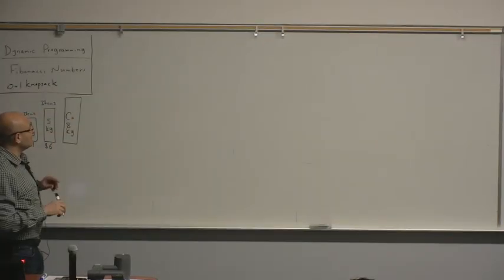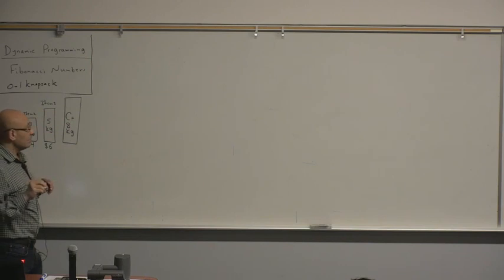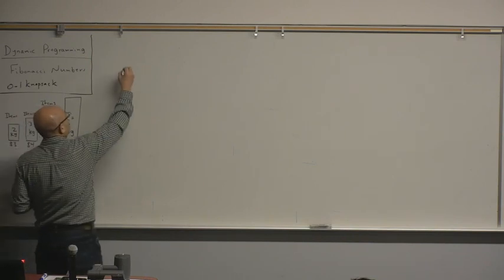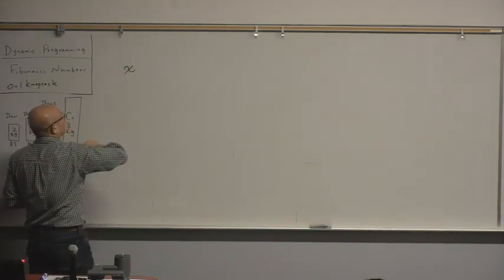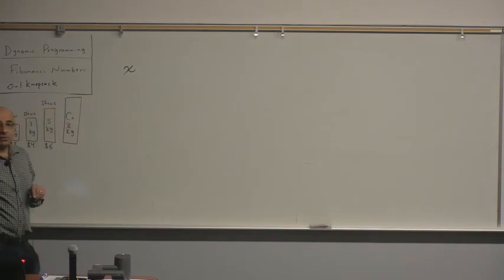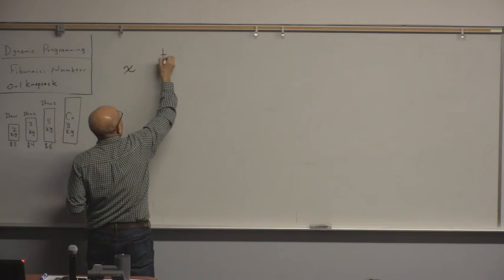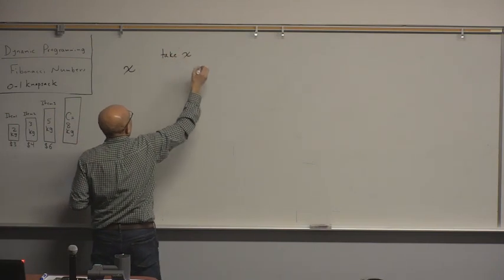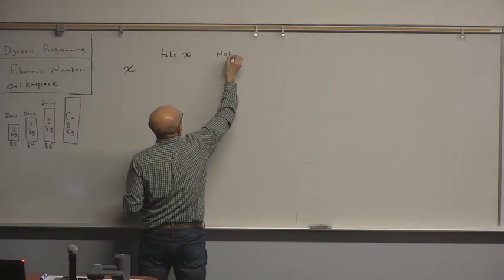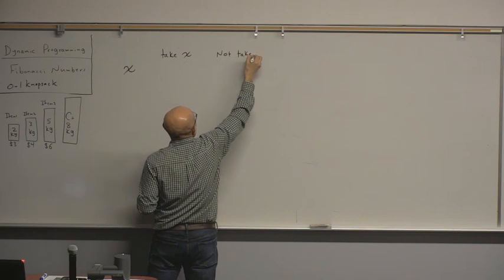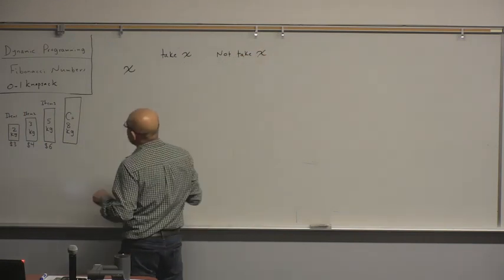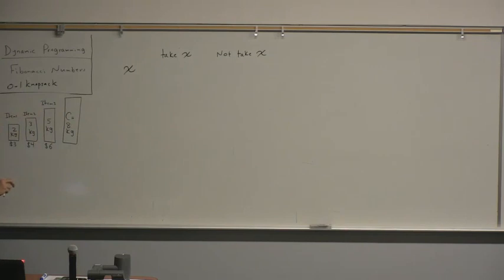The idea is that given any item x, you have two possibilities. Either take x or not take x. So this is basically what the 0-1 knapsack problem is. For each item, you're trying to decide whether to take it or not.